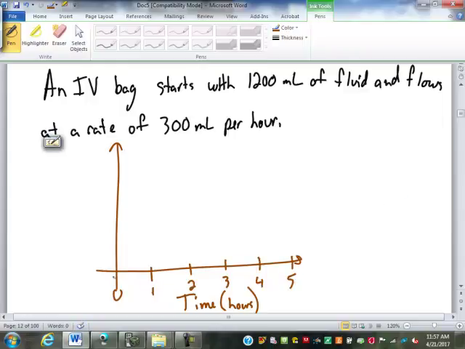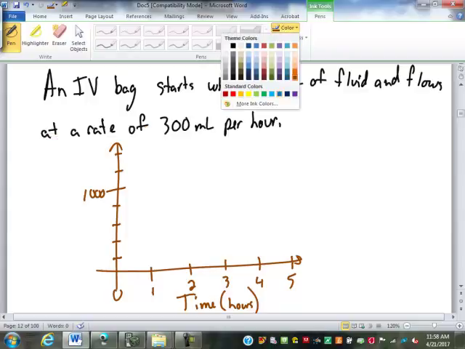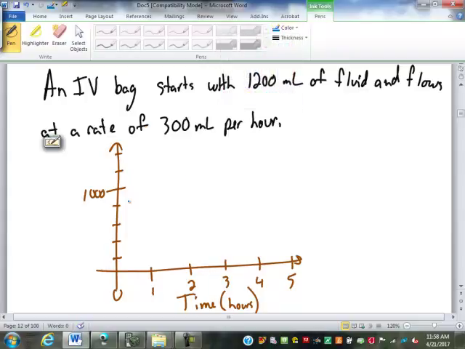And then we have our volume up the side here. Now I don't necessarily want to label every notch up the side here. Let's call that 1,000. So what I'm doing here is each notch, each little tick mark is 200 milliliters. And that's going to be labeled my volume in the bag in milliliters.